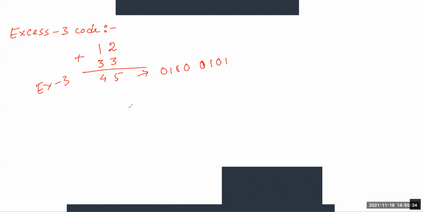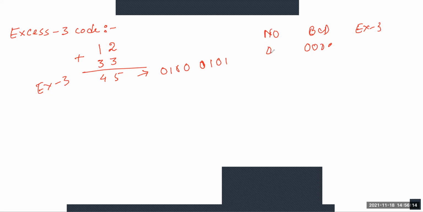For a single digit number from 0 to 9, the BCD code equals the binary code, but whenever we have a double digit number, it is a little different. Suppose I write the number, BCD and XS3. For 0, BCD is 0000.